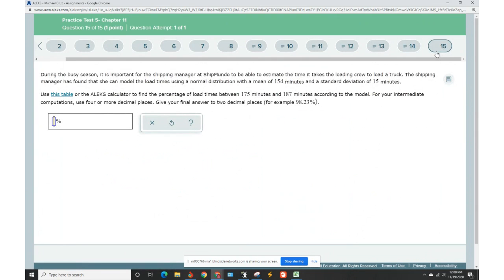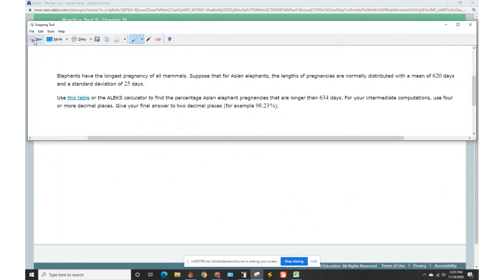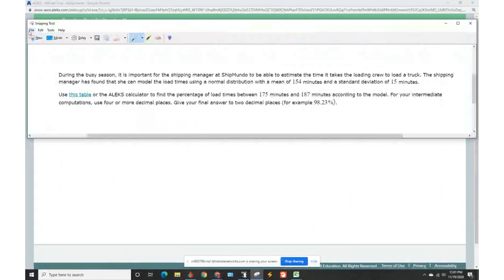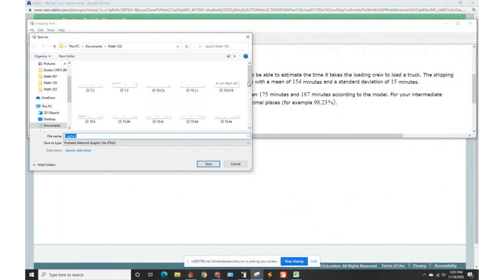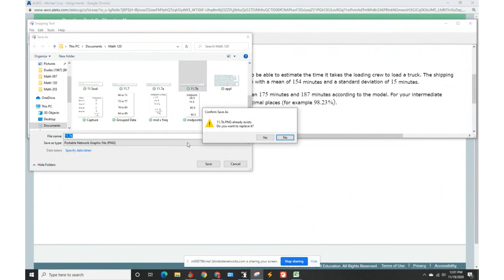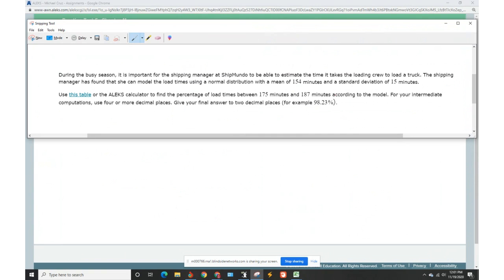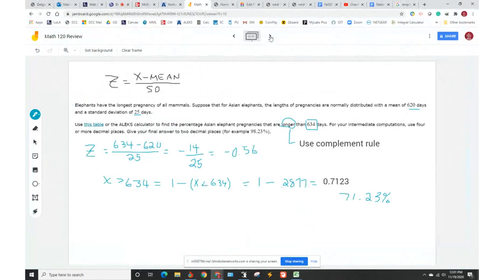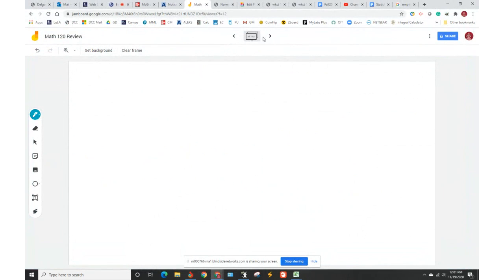Now, we got two Z values to figure out. We got 175 and we got 186, but we still got the same mean and standard deviation for both of them. So we're using that same formula.